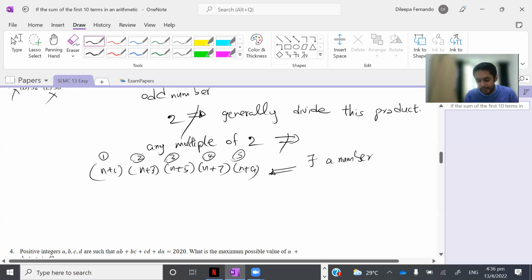So exactly one of these numbers is a multiple of 5. That means the product is a multiple of 5.